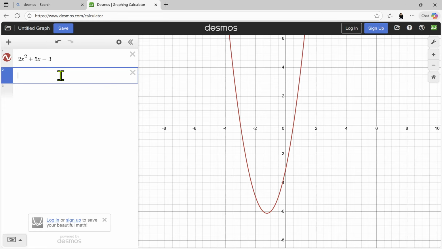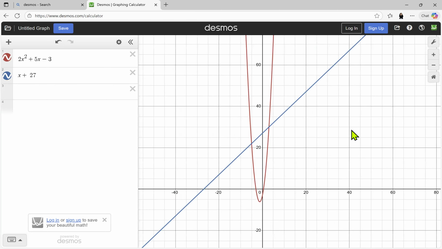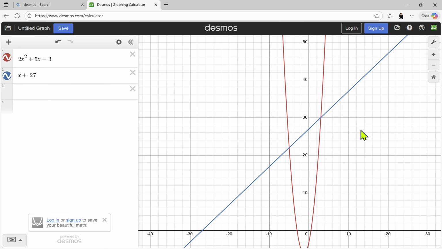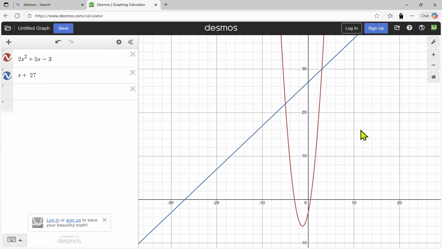And then the second one is x plus 27. That's a straight line. I had to zoom out a little bit so you can see the points of intersection. So as you can see, you have 2 points of intersection here.